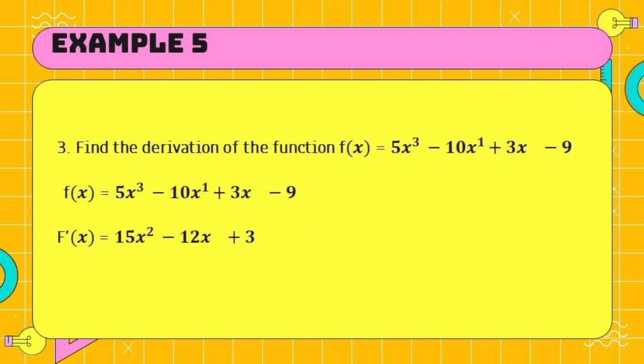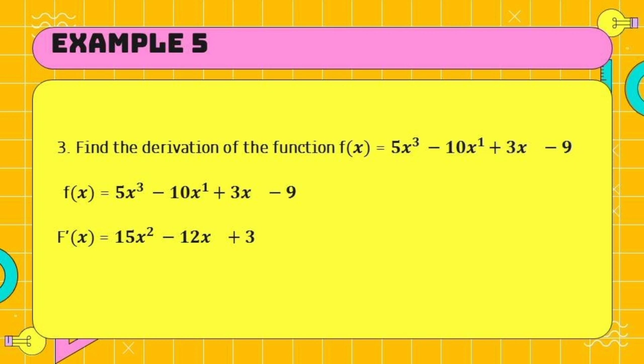Next, example 5. Find the derivation of the function f(x) equals 5x^3 minus 10x^1 plus 3x minus 9.